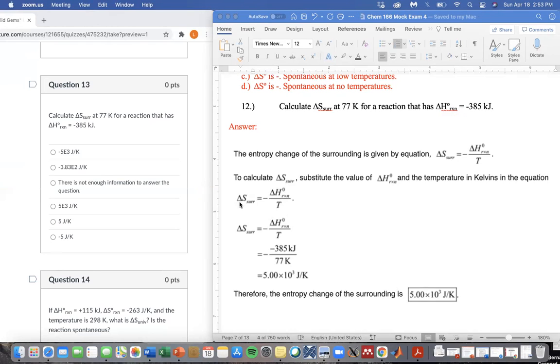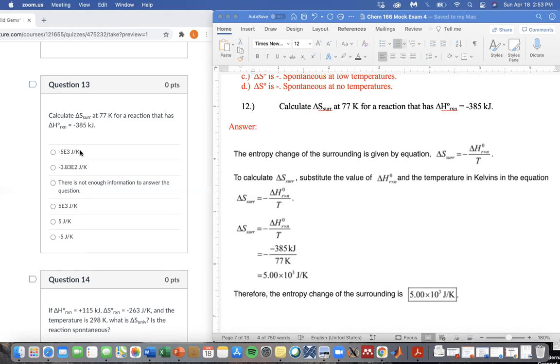So once you know to use this equation, it should be a pretty straightforward calculation. It's just doing the delta H divided by the temperature. The only thing to consider is that delta S is generally measured in joules, whereas delta H is generally measured in kilojoules. And so at the end of it here, it is multiplied by 10 to the third to get it into joules again.